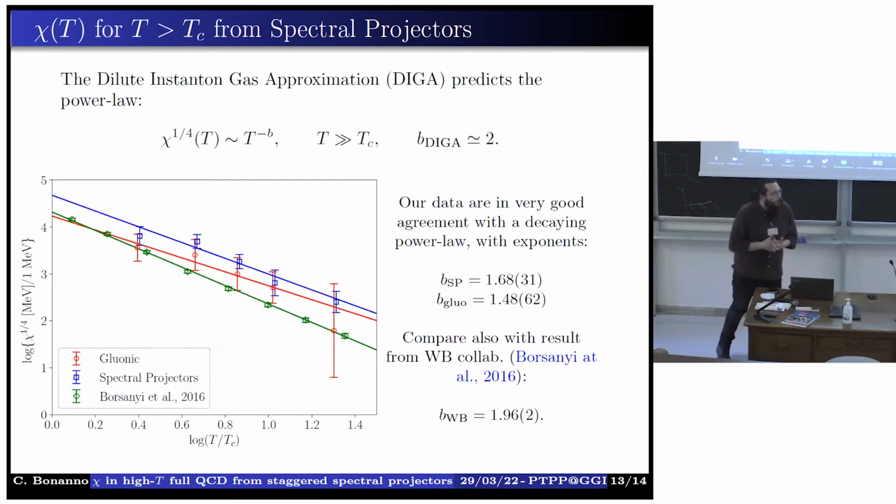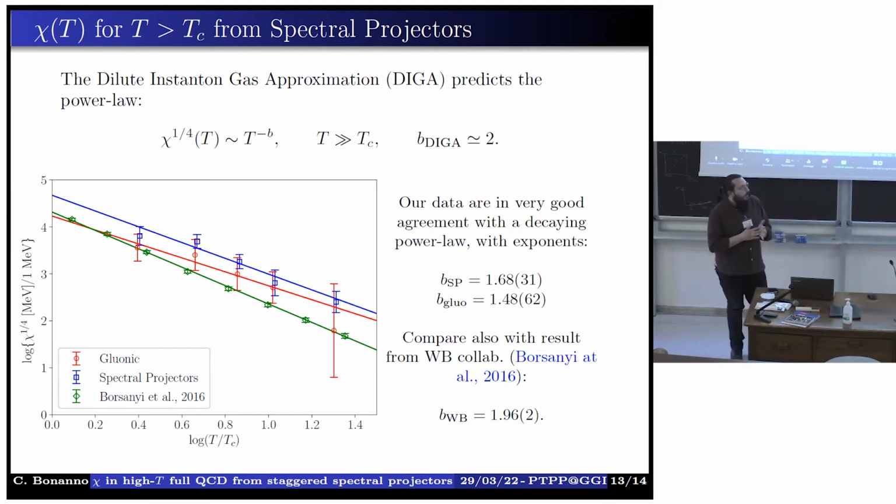So we repeated this approach for several values of the temperature above the transition, and we arrive up to about 600 MeV. And so we studied the dependence of chi on the temperature.